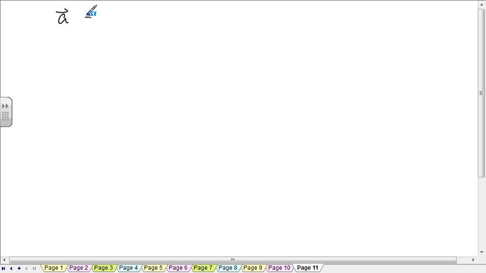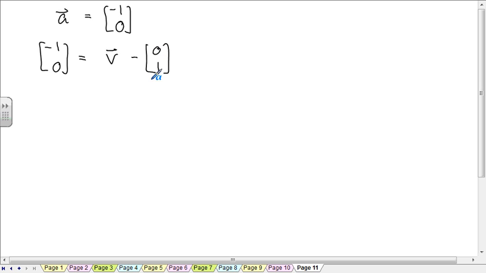So the acceleration vector this time is -1, 0. The definition of acceleration says -1, 0 is equal to the velocity at time t2 minus the velocity at time t1.